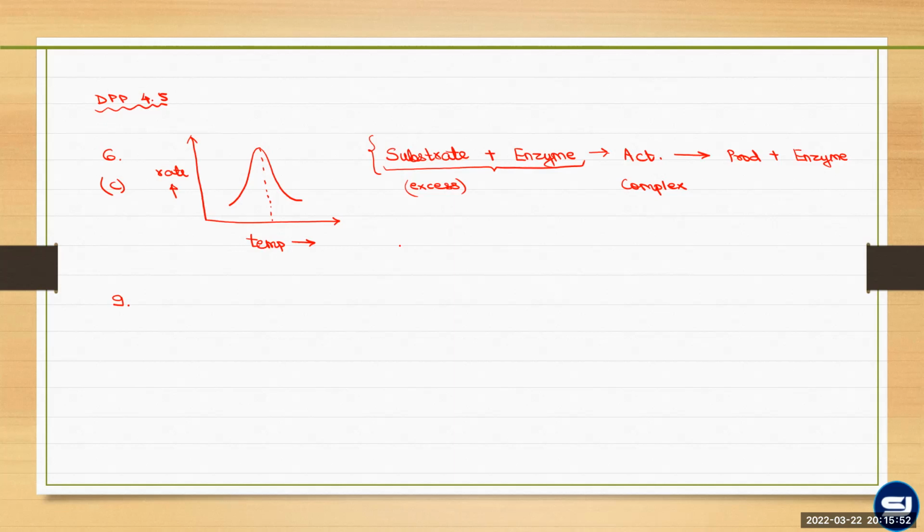Okay, sir. So I get it that whenever it's in excess, it's a pseudo first order. But with respect to enzyme, can't it be second order? I mean, it can be. मैंने बोला pseudo order reaction है. Assume करते हैं अगर ये elementary reaction है, then we can say it's substrate raised to 1, enzyme raised to 1. And if substrate is in excess, I can say rate is only proportional to enzyme raised to 1. Then it would be a pseudo first order kinetics.